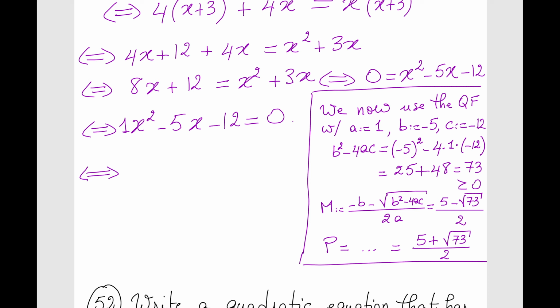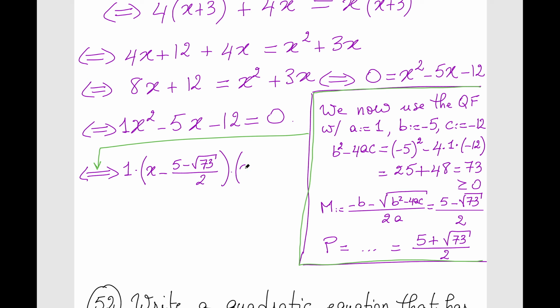So all of this here is actually needed to transition. And as such, I can factor the second degree polynomial existing on the left side by writing a. Remember, the quadratic formula tells us a times x minus m, and m happens to be 5 minus square root of 73 over 2, times x minus p, and p is 5 plus square root of 73 over 2, equals 0, right?